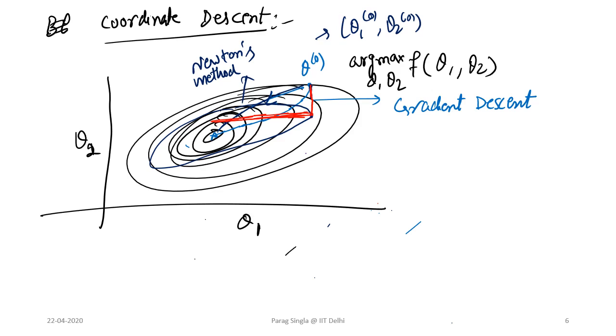And then once again, fixing theta 1, you search along theta 2, and so on and so forth. And then maybe you will reach the optima in a few steps. So this is called coordinate descent, because you are descending along each coordinate at a time.